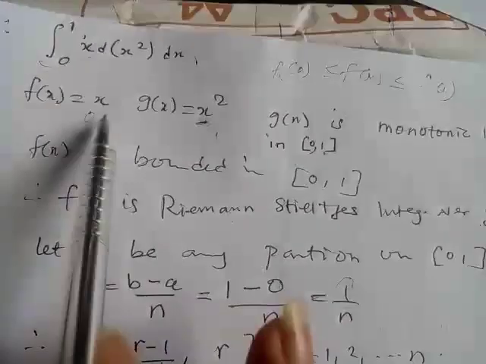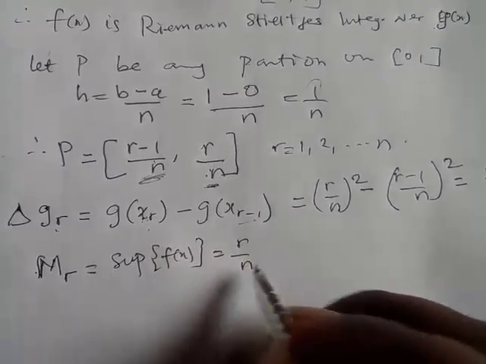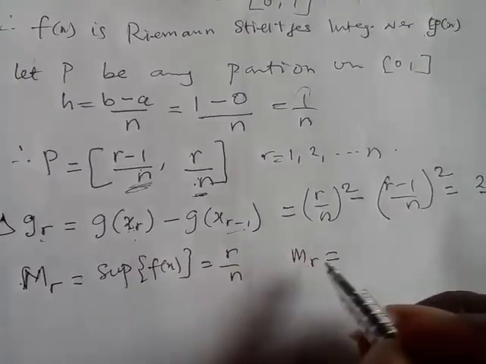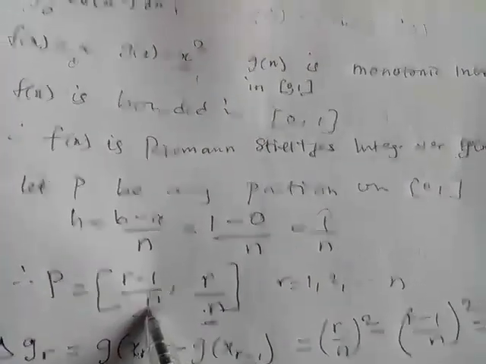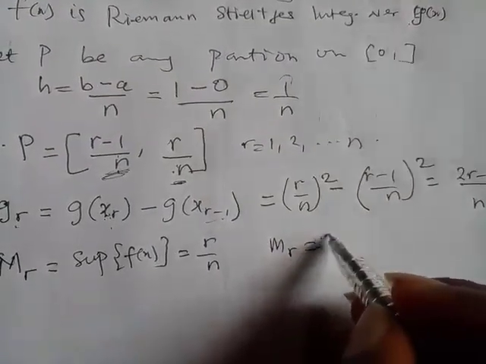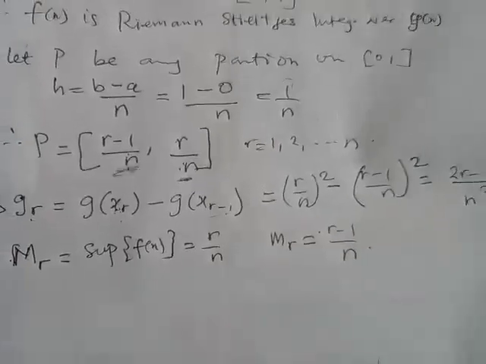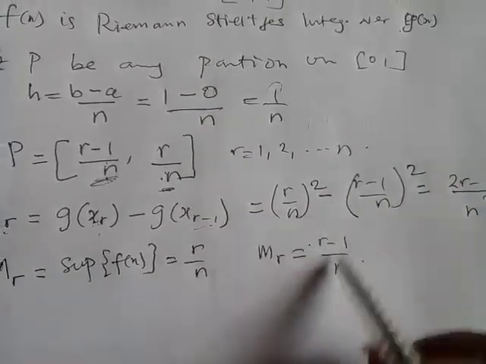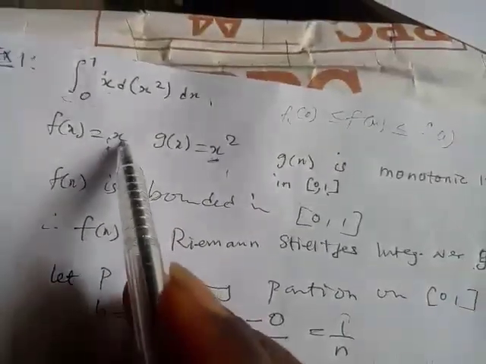Our f of x is ordinary s, so big M is just r over n, and small m is the infimum. It is just (r minus 1) over n. Assuming it is a square like this, I'll just put square, but it is ordinary x in this place.